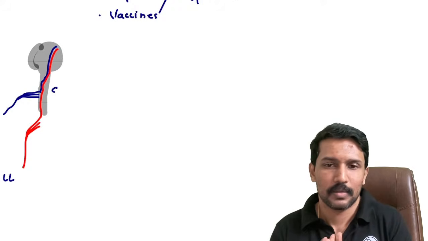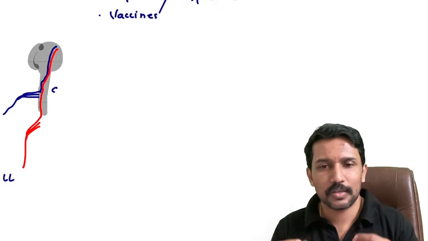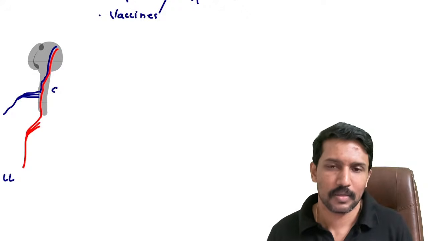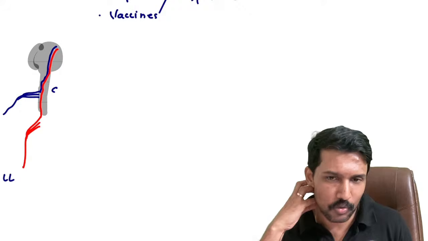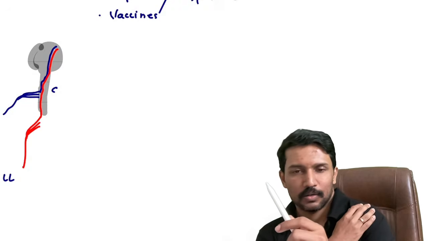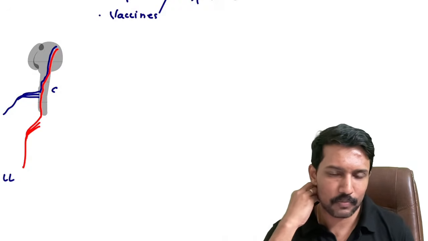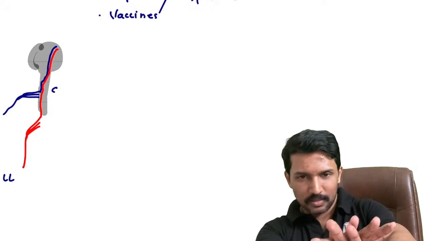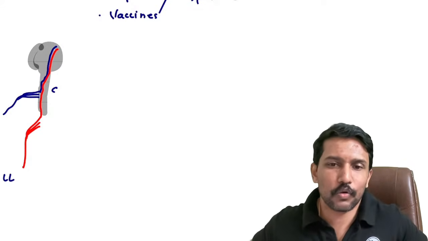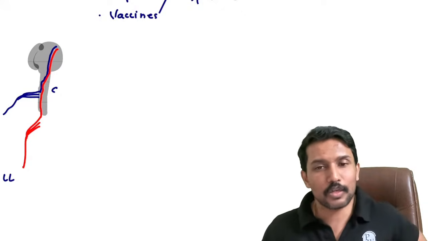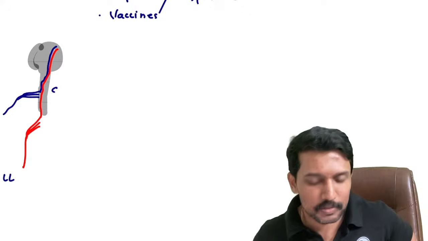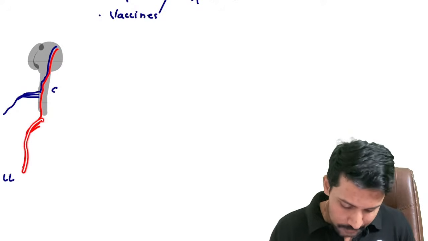Now tell me, in the whole body, which nerves have the longest journey? Is it the nerve going from the cervical segment of the spinal cord to the shoulder, or the nerve going from the cervical segment to the hands, or the nerve going from the lumbar segments of the spinal cord to the feet? Of course, the journey is longest from the lumbar segment of the spinal cord all the way to the feet.